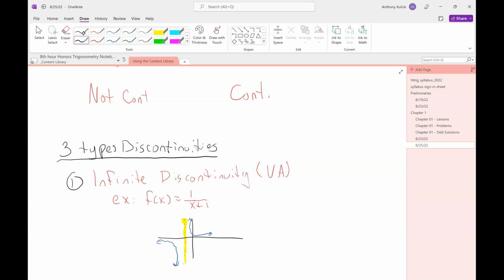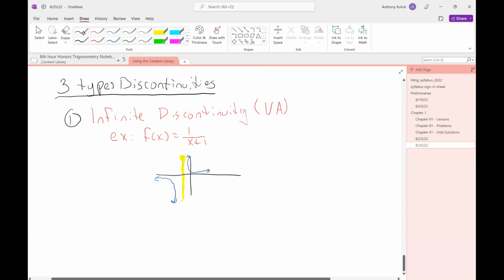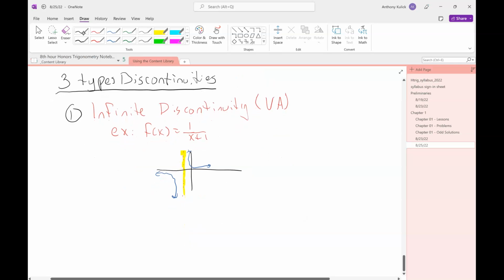Everybody's okay with that? Are vertical asymptotes easy to find? Yeah, you just set the reduced denominator equal to 0 and you solve. It basically boils down to solving a polynomial. It's not bad. I mean, it could be terrible, but it won't be bad. The polynomials you'll solve will be quadratic or less, right? So not bad.